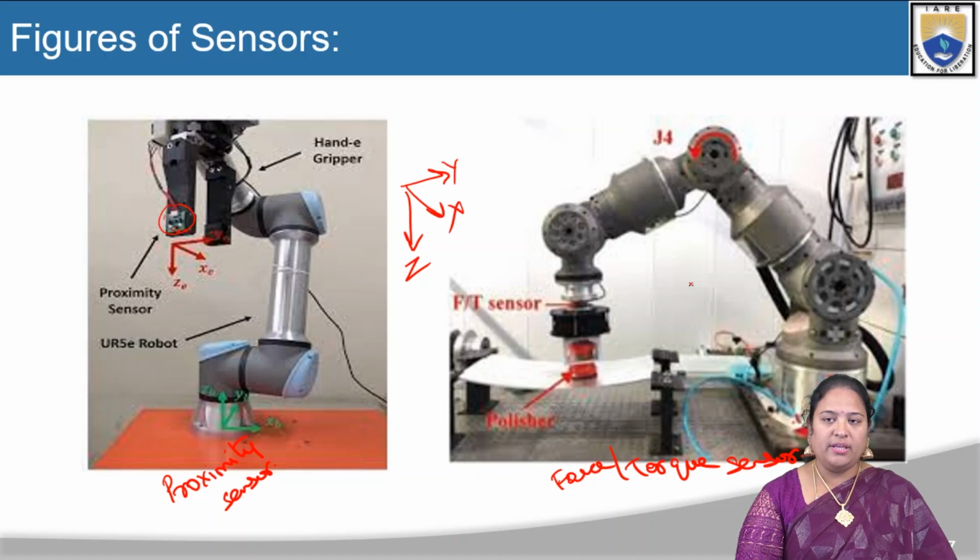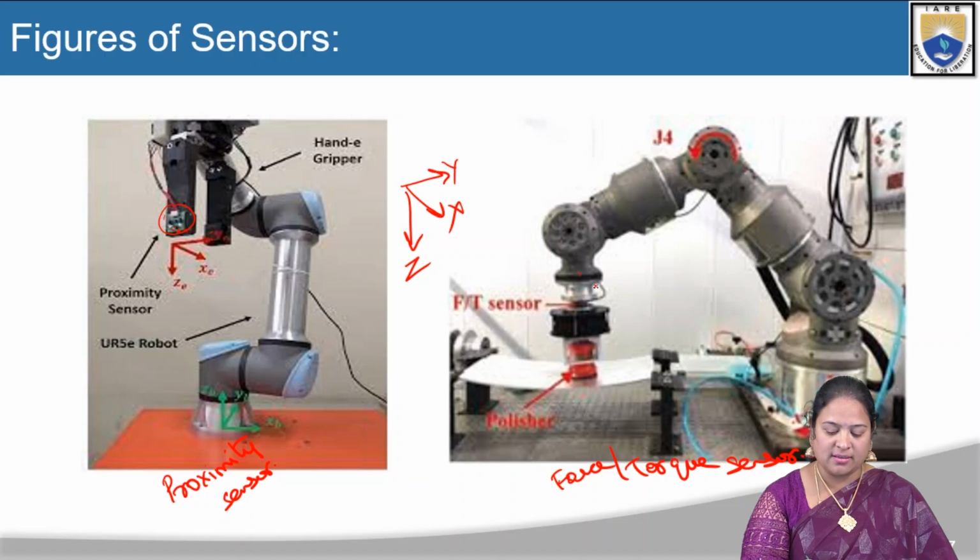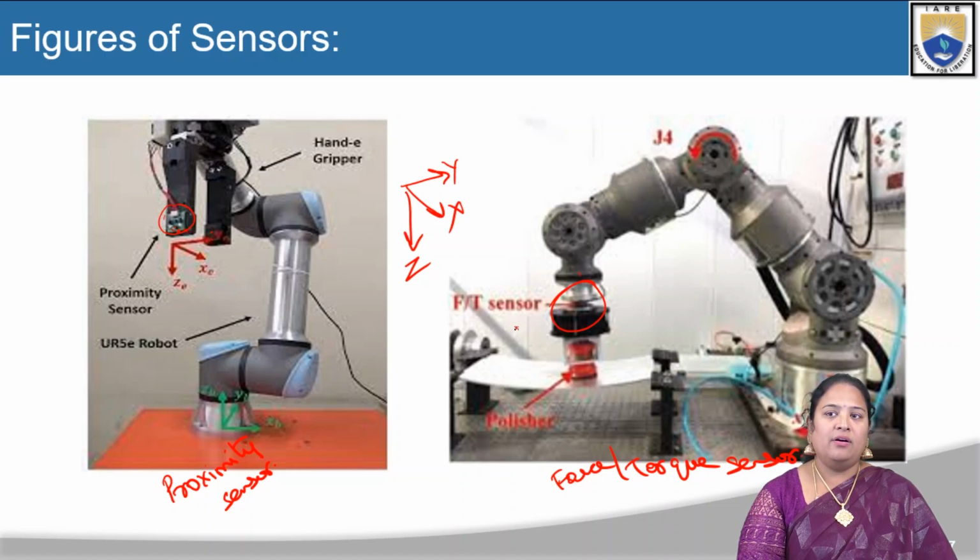And next, coming to the force or torque sensor. At this end of the manipulator, we are placing the force or torque sensor, and accordingly the work is being done.